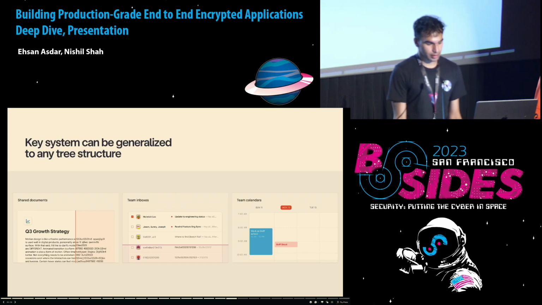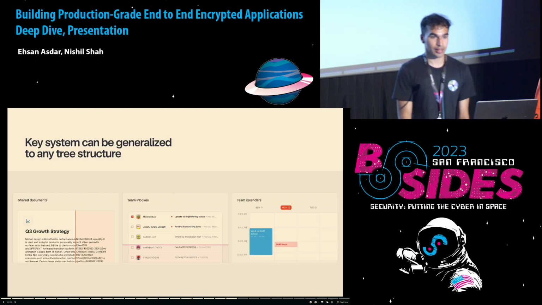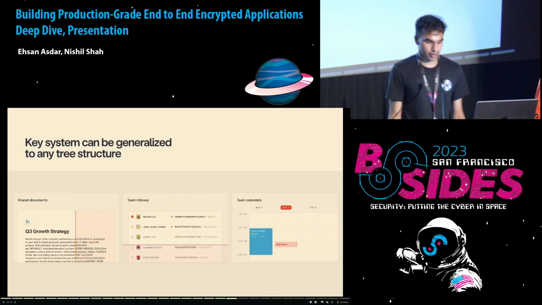So you can imagine that this would work well for a team inbox, like an inbox in email that multiple users have access to, or shared calendars that are popular in many other calendar softwares. So this is a calendar where multiple users can view and edit events.